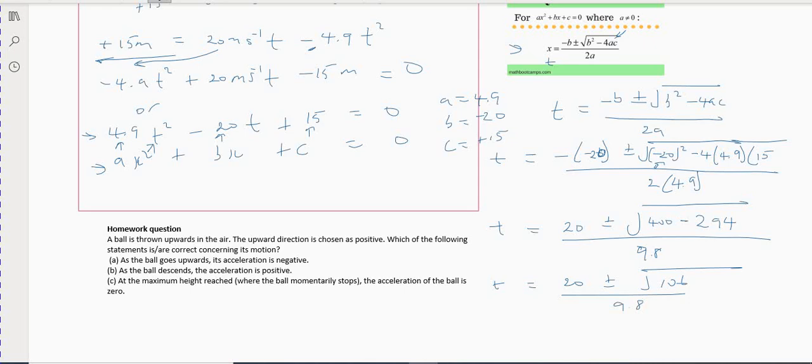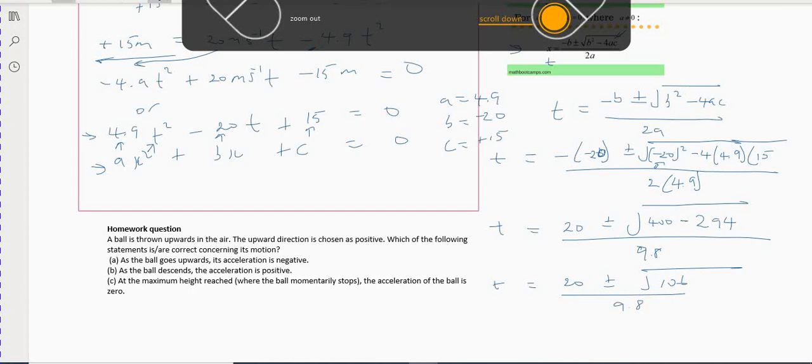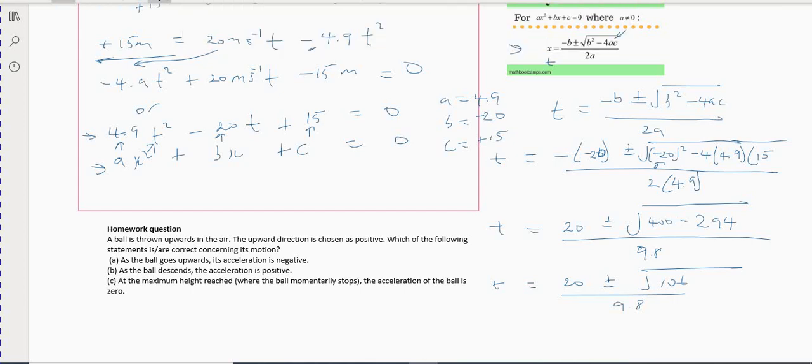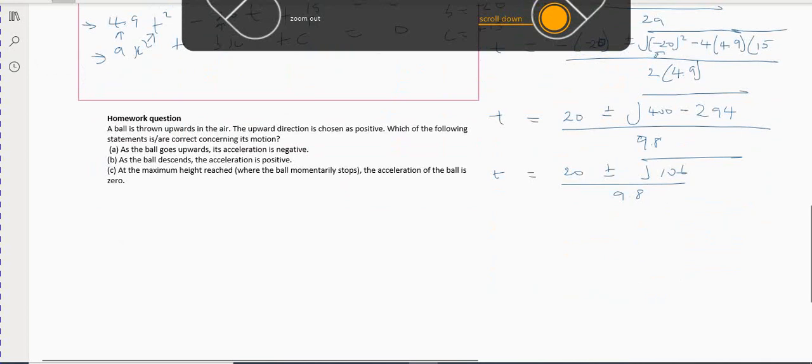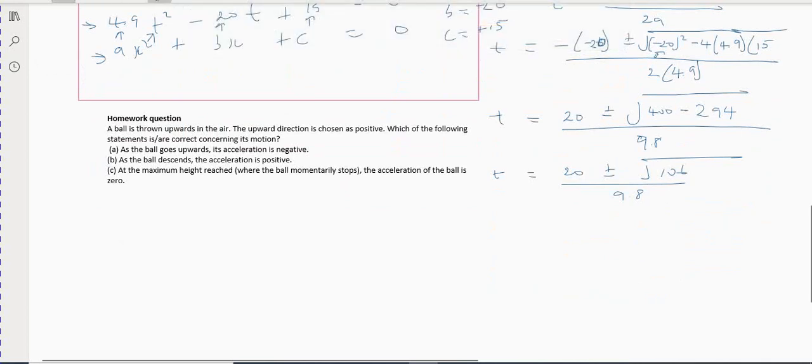Alright, what I could do is the square root of 106.